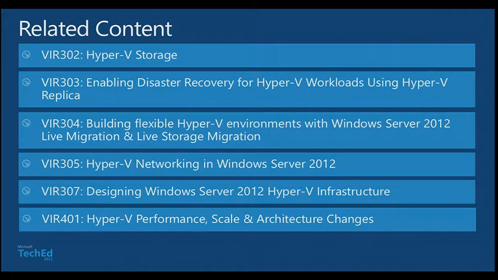There are sessions in the Windows Server track around networking, and there's the management track. One of the things we didn't look at was Virtual Machine Manager 2012 SP1 and what's coming in that, things like the logical switch. We'll have a look at some of the network virtualization stuff tomorrow, but could look at some of that as well.